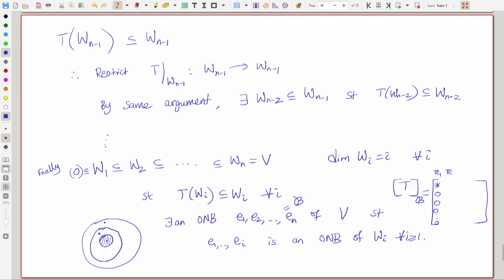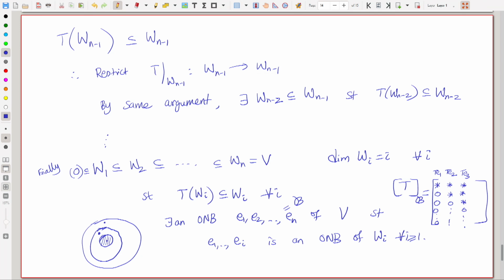The next column is T E2. E2 belongs to W2 and W2 is T invariant, so T E2 will be some linear combination of E1 and E2, but none of the other E's. Likewise, T E3, because E3 is in W3, is only a linear combination of the first three basis vectors, and so on. So this is exactly upper triangular reducibility.